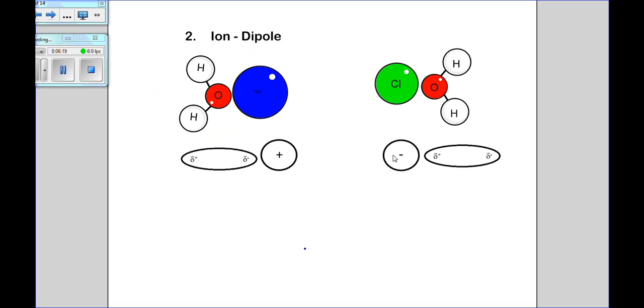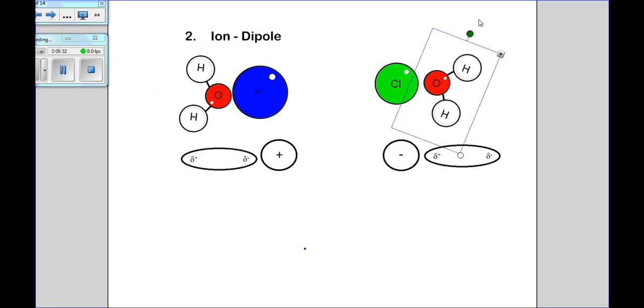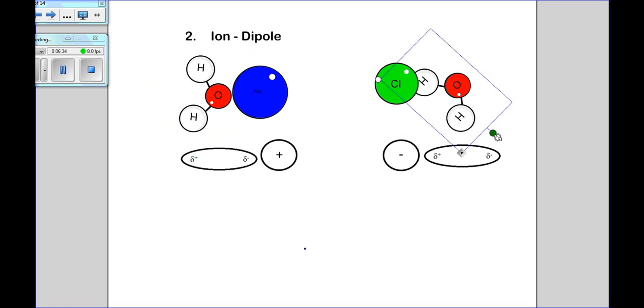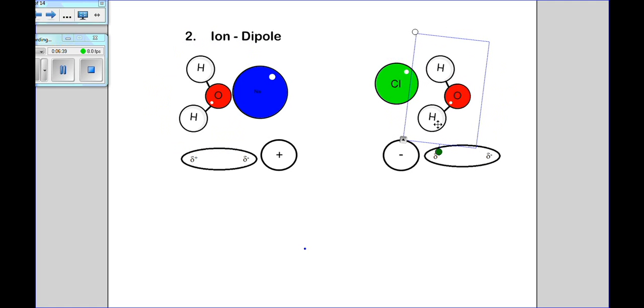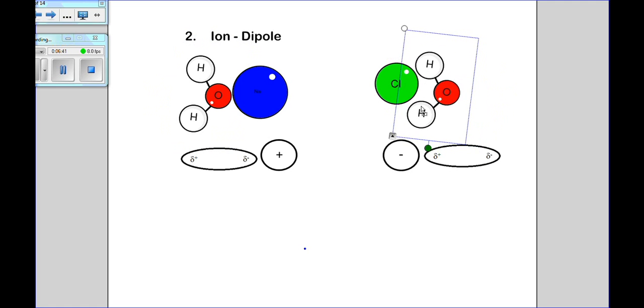Similarly, we know that chlorine is a negative ion. So if we look at the water, its negative side is the oxygen side and the hydrogen side is the positive side. So in this case, we will have repulsion and the molecule will reorientate itself so that the hydrogen side, which is positive, will be attracted to the chlorine, which is negative.